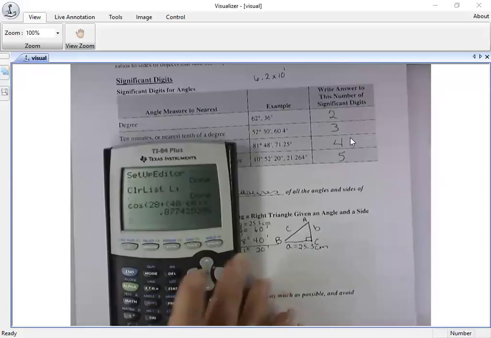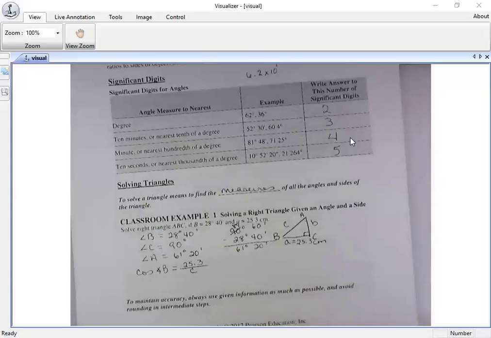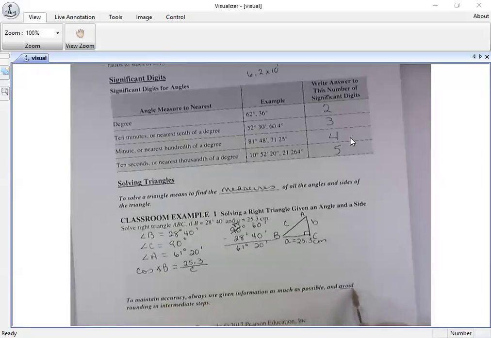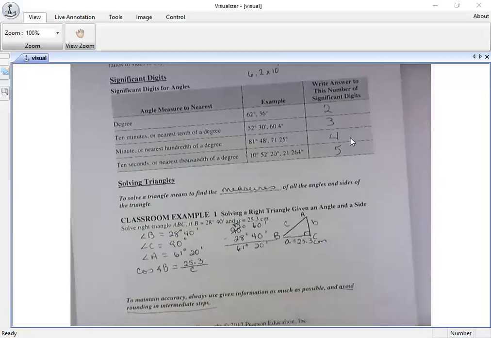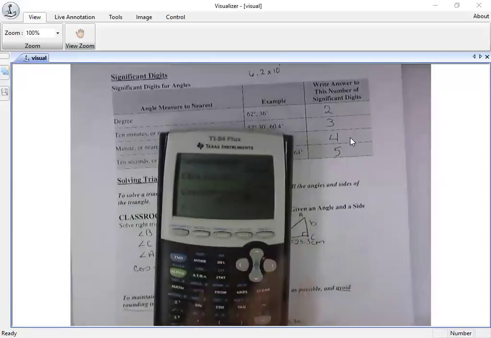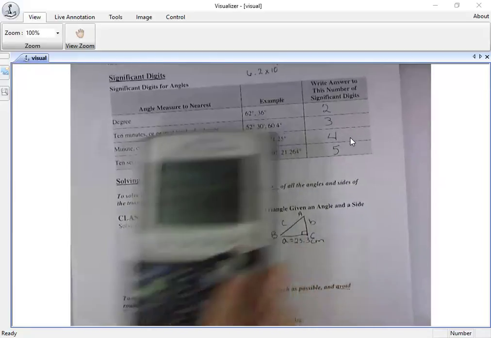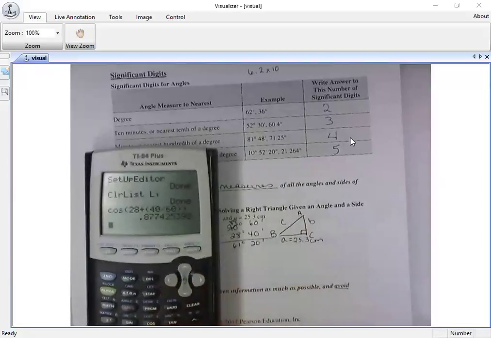One thing I do want to point out, to maintain accuracy, use given information as much as possible. That's why we chose cosine. And avoid rounding in intermediate steps. So when I get this value for cosine, I don't want to round it to 2 or 3 places to the right of the decimal. I need to keep as many digits as I can while I'm working in the problem.